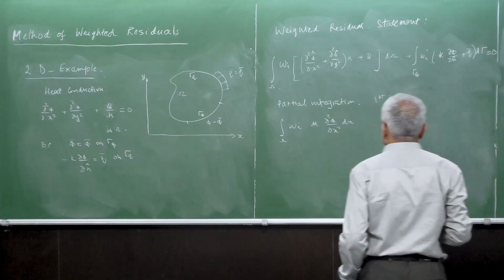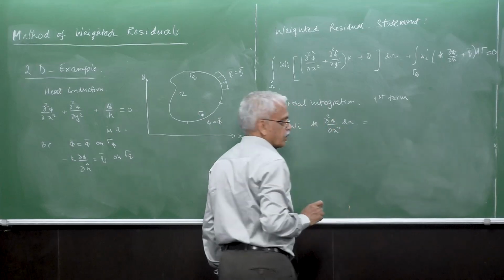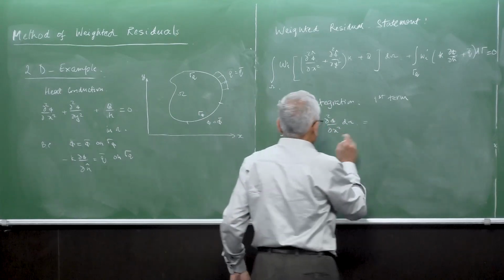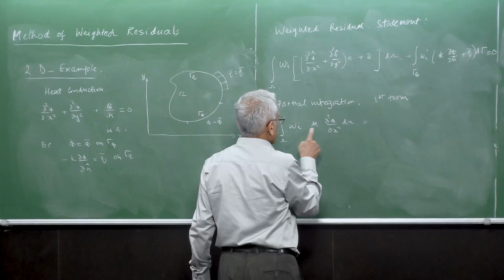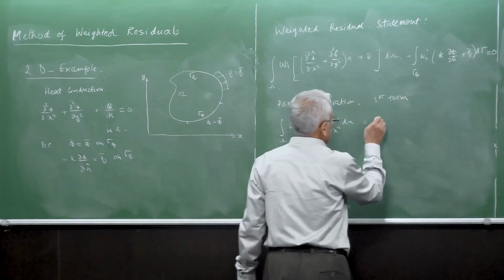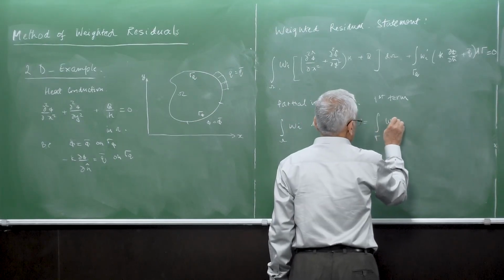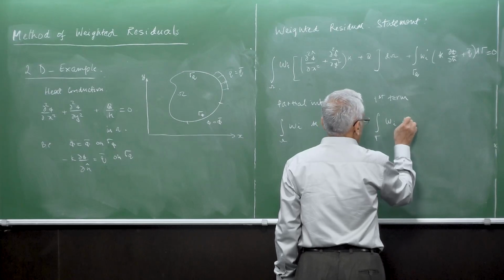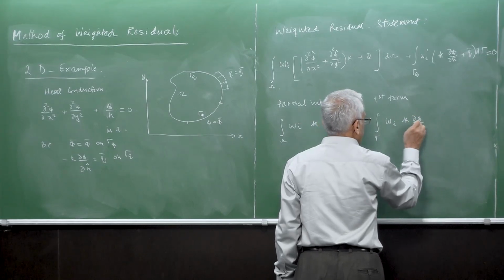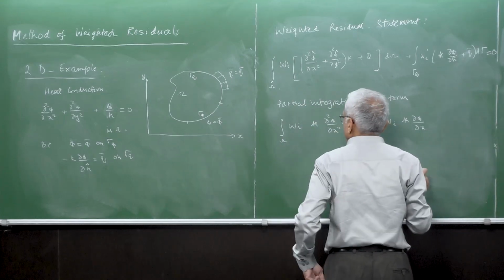Using our partial differential equation, the term which comes as a boundary term here on Γ is nothing but Wi k ∂φ/∂x times n.